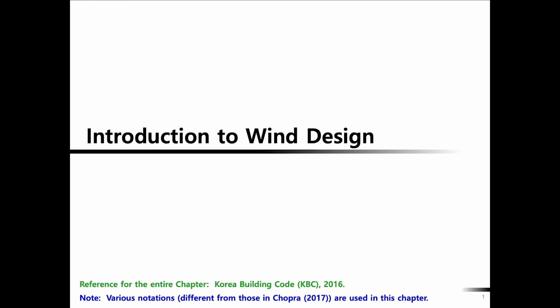So as long as you understand the fundamentals, it's probably not too difficult to understand the Korea Building Code by looking at the equations. Of course, notation symbols are different, but I'm going to try to explain what they are when they come up. And also, those notations are very different from those in Chopra's textbook, Dynamics of Structures. So this is unavoidable, and I'm going to try to explain each notation every time in each slide.